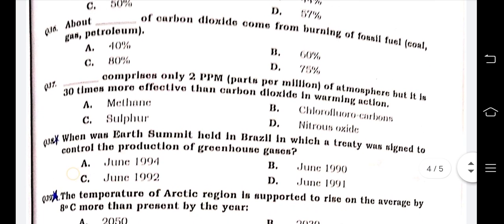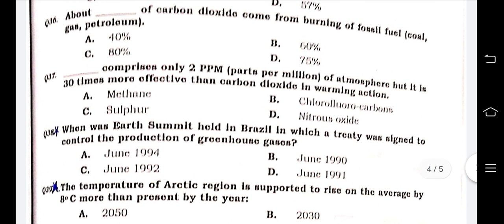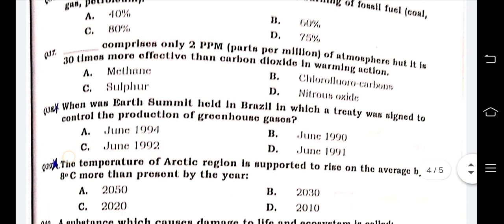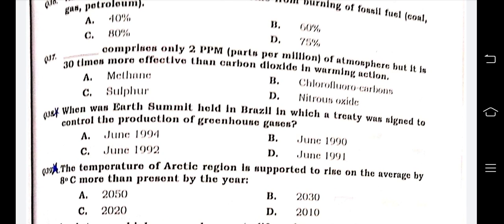Dash comprises only 2 ppm of atmosphere, but it is 30 times more effective than carbon dioxide in warming action. Option A methane, option B chlorofluorocarbons, option C sulfur, option D nitrous oxide. So dash comprises only 2 ppm of atmosphere. It's actually methane. Option A.